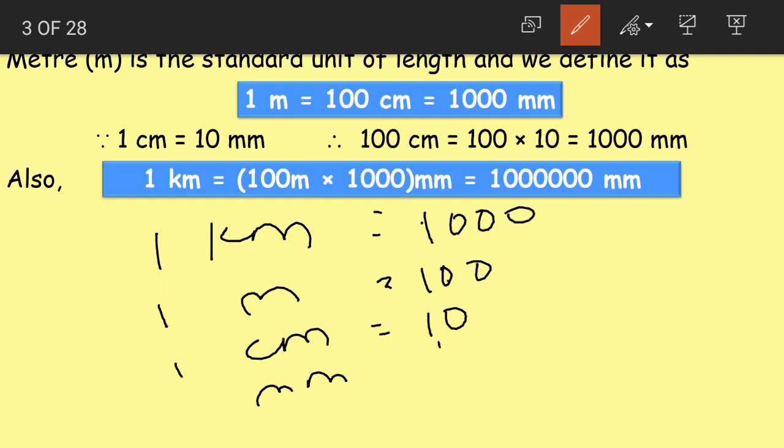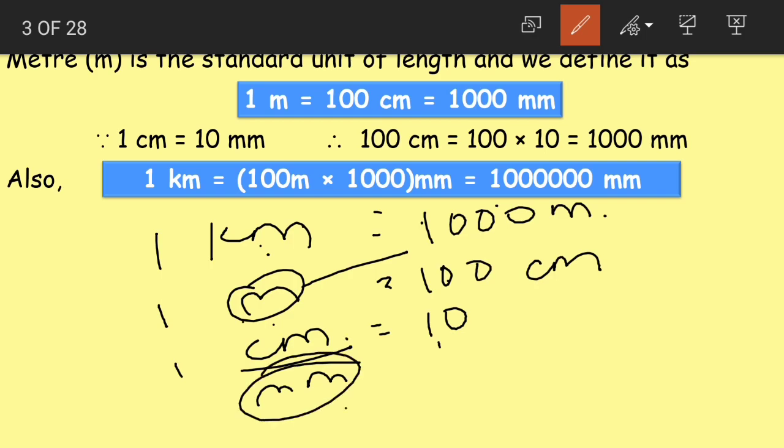Whichever way is convenient for you. Now we know that meters come after kilometers, so we'll write meters for kilometers, and then centimeters come after meters, so we'll write centimeters for meters, and millimeters come after centimeters, so we'll write millimeters for centimeters. Just write the immediate one.